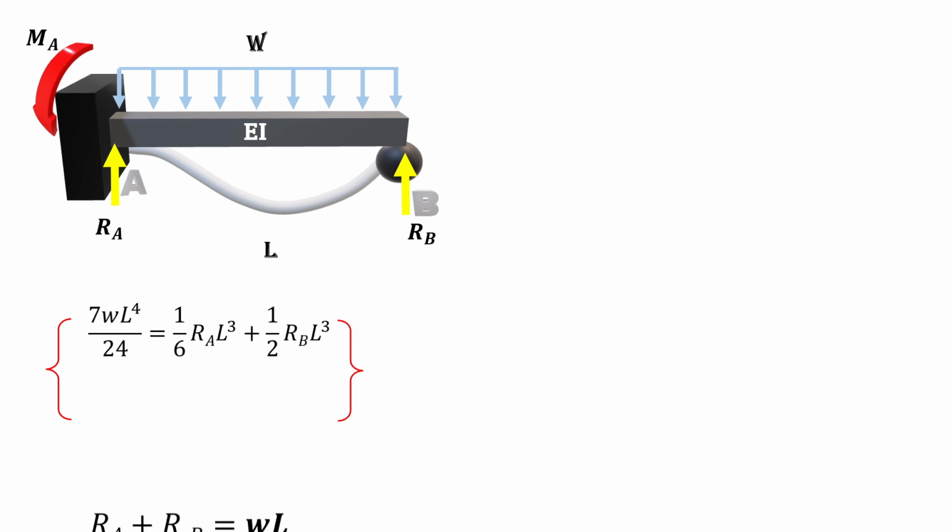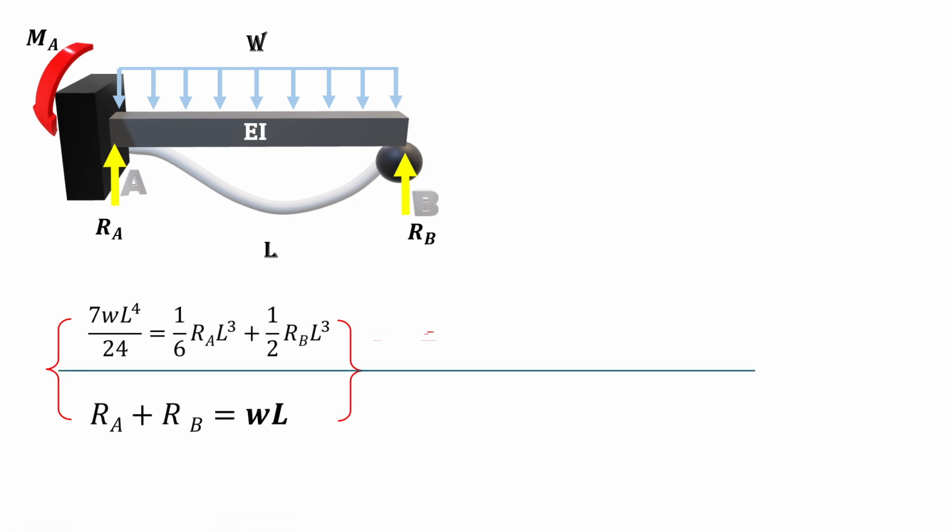So how to do that? We can easily see if we multiply the top equation by negative 6, it gives us a negative RA L cubed. And if we multiply the bottom equation by L cubed, it gives us RB L cubed. Then we can cancel out RA from the top and bottom.